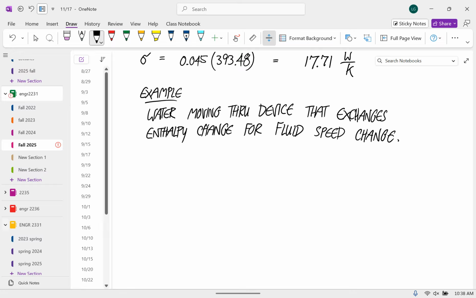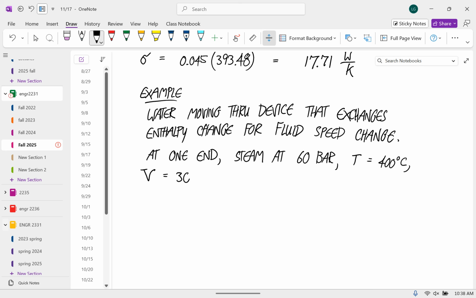So at one end, it's steam at a pressure of 60 bar, a temperature of 400 degrees Celsius, and a speed of 30 meters per second.